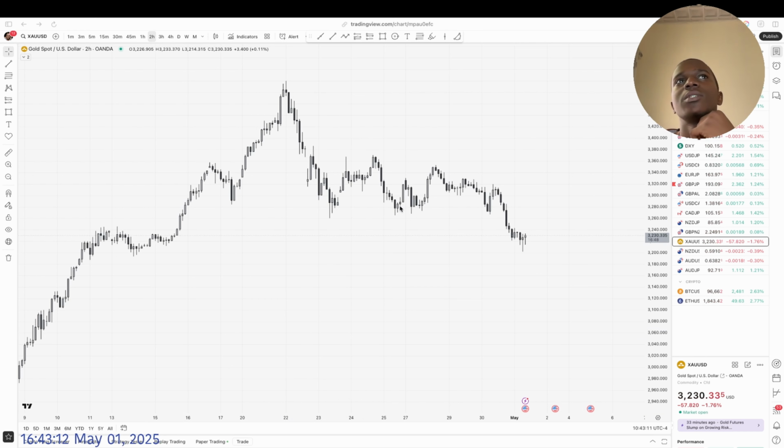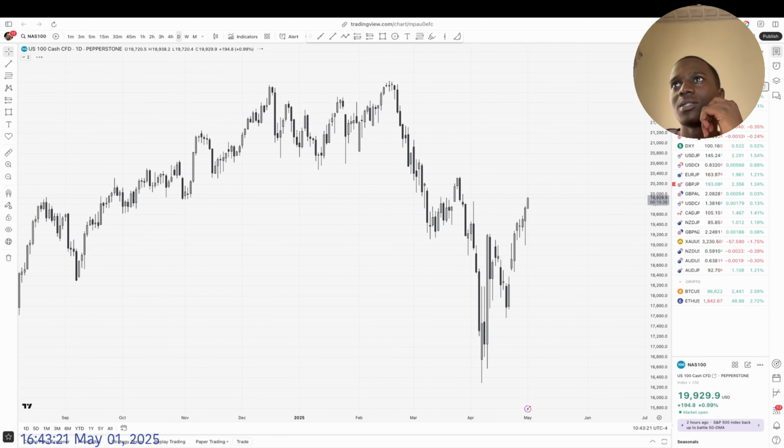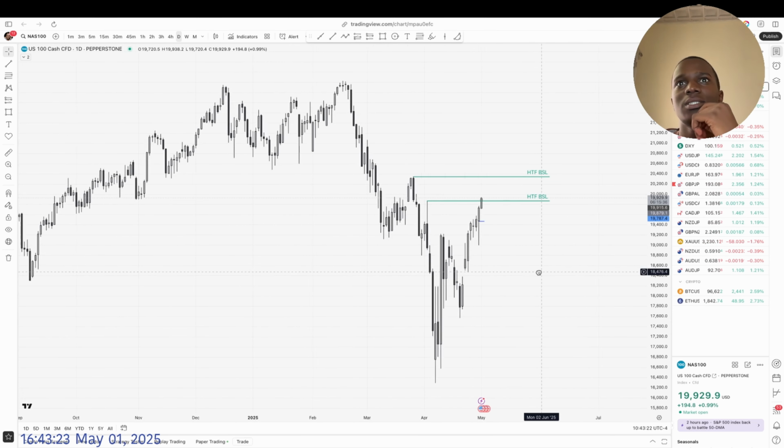Yeah, it's dropping, and when you look at the daily, you can see that it started by dropping and then it's starting to pull itself a little bit. Let's go back to the NAS and watch it out as it moves.